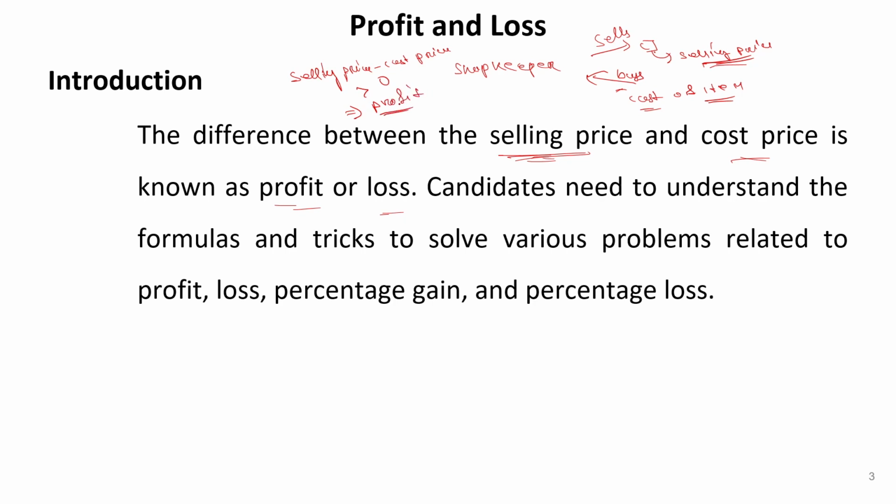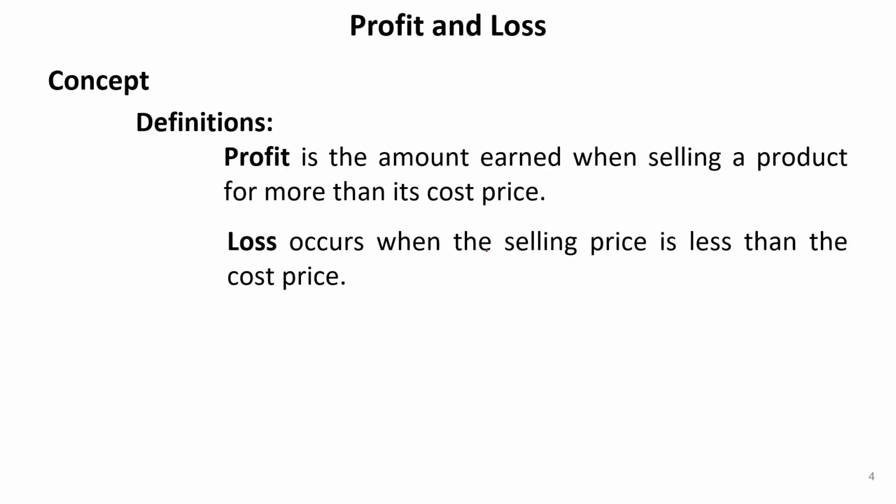We can say he is in profit if he gets more money after deducting all the money that he spent on buying that stuff. If selling price minus cost price is less than 0, then we say he is in loss. That's when we calculate the loss. Candidates need to understand the formulas and tricks to solve various problems related to profit, loss, percentage gain, and percentage loss. So let's go forward and learn these things.